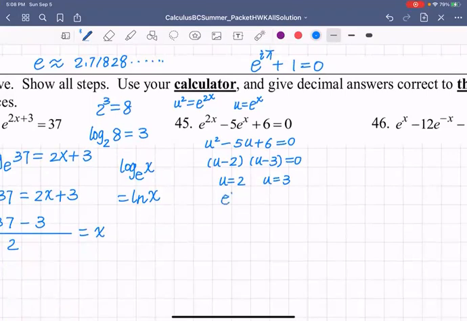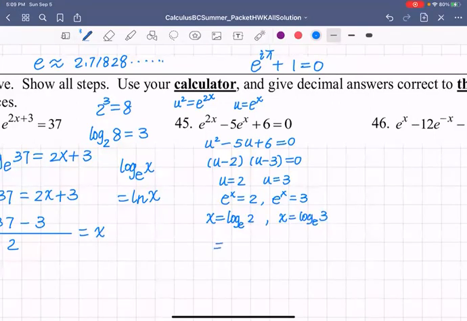E to the x equals 2. Correct. So x equals? The base is e, so you straight write down log e of 2.